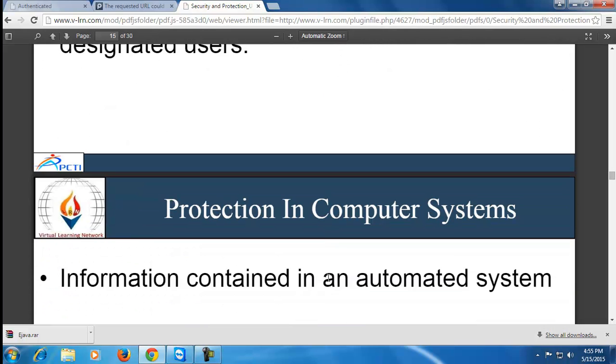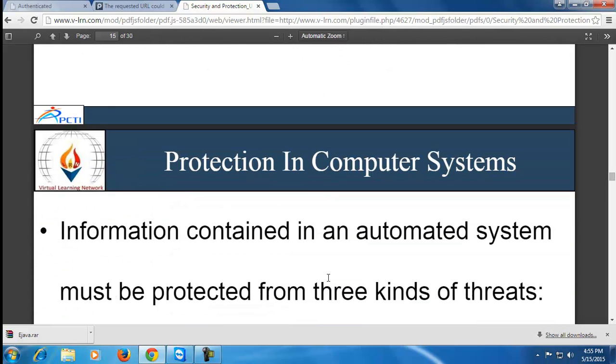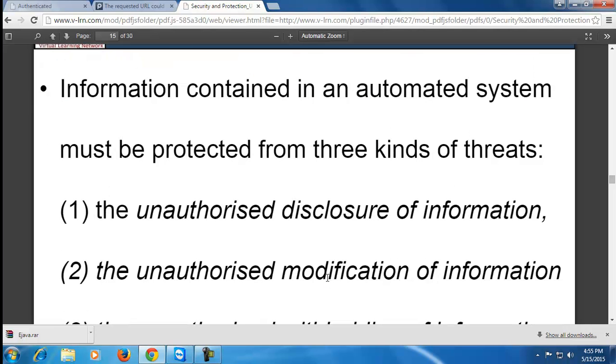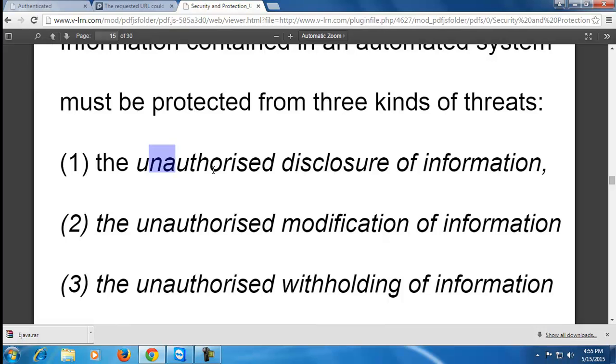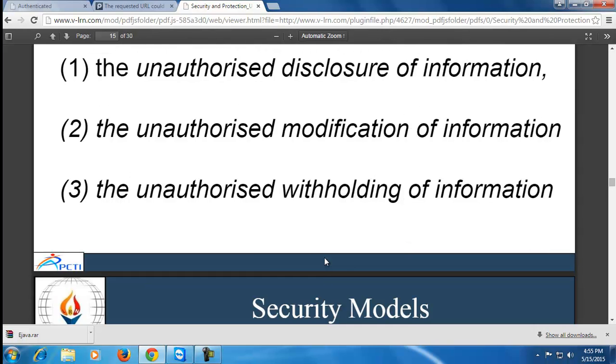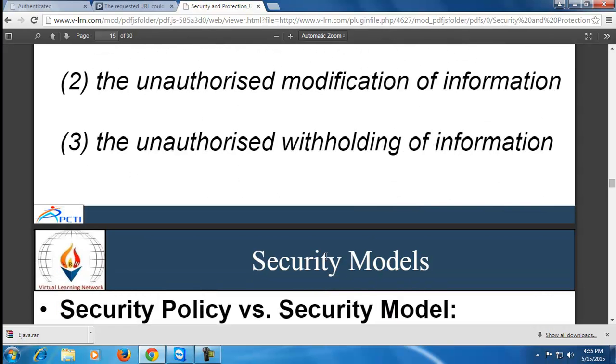In the same way, in the protection in computer system, the information contained in the system must be protected from three kinds of threat generally. First, the unauthorized disclosure. Second, the unauthorized modification of the data. And the next one, unauthorized withholding of information which is not allowed to hold and store and forward in the security mechanism.